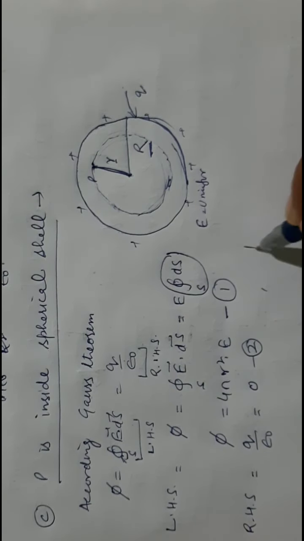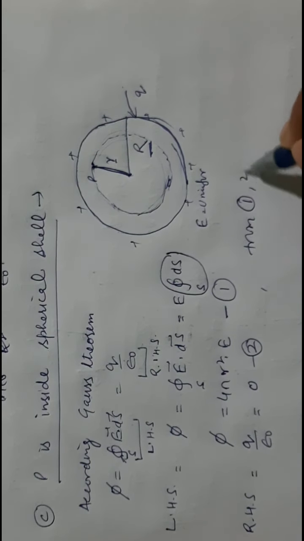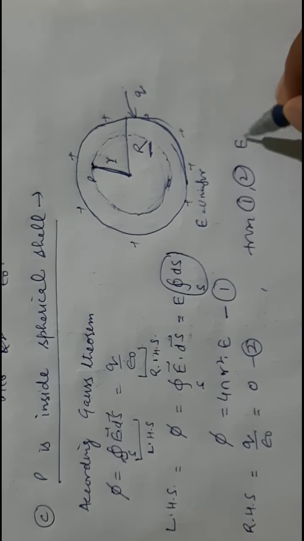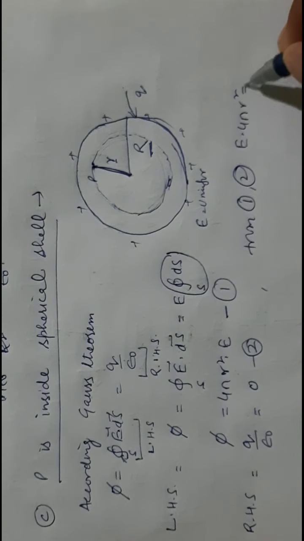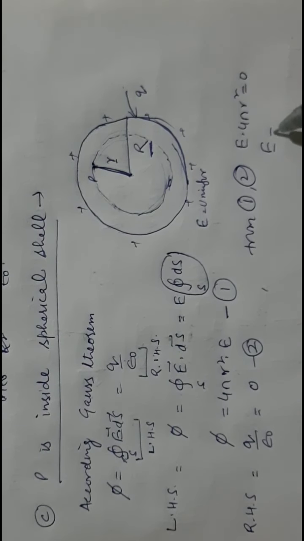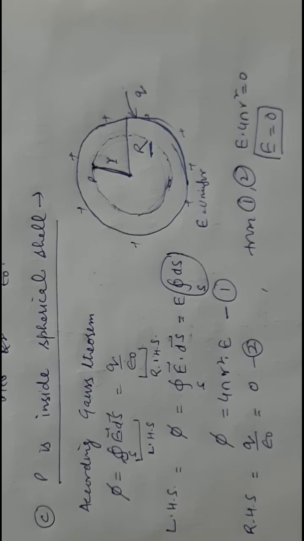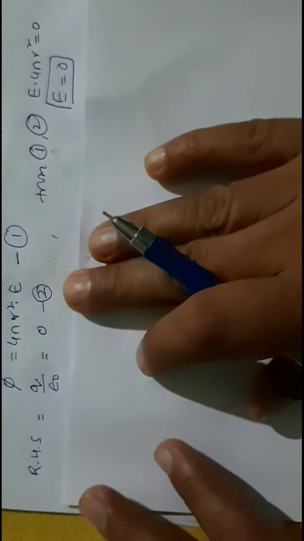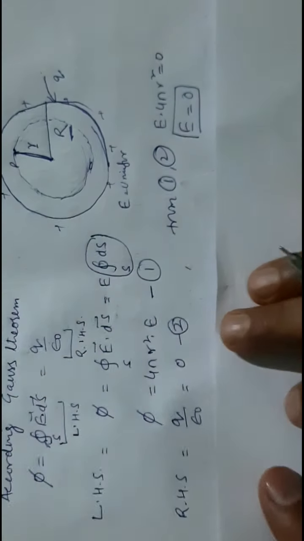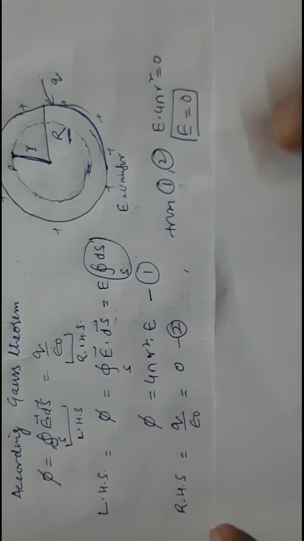From 1 and 2, E into 4 pi r square is equal to 0. This tells us the electric field is equal to 0. So we conclude that the electric field inside a spherical shell is equal to 0.